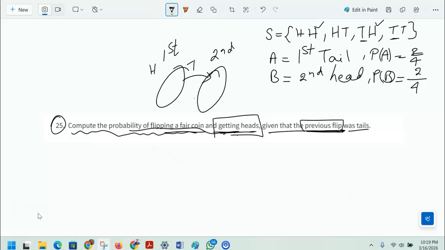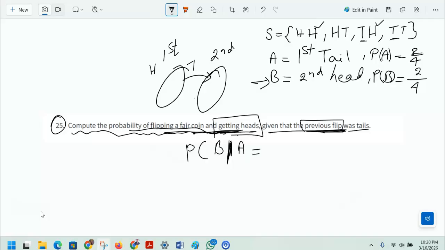Now the question here is asking what is the probability that it is the second, that means B, when it is already told to us that the previous tossing of the coin was tail, tail first.